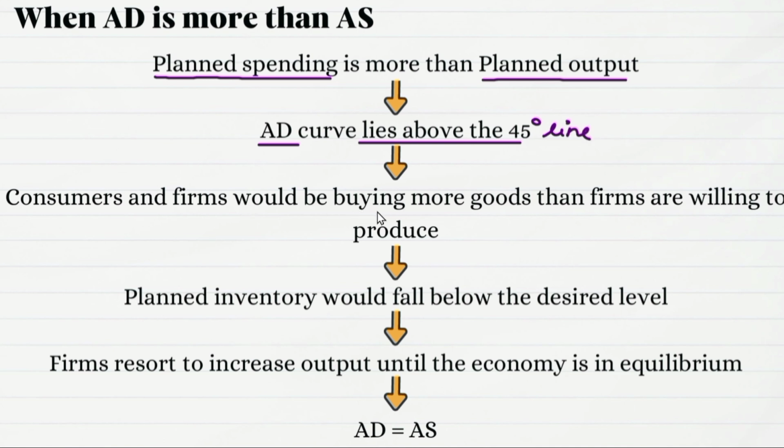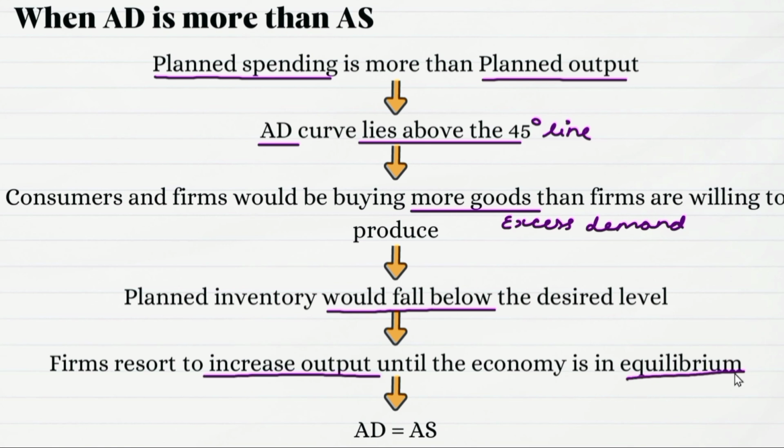It means that consumers and firms are buying more goods than firms are willing to produce. So there is a situation of excess demand. Planned inventory would fall below the desired level. Now to bring inventory back to the desired level, firms would increase output until the economy is in equilibrium and AD becomes equal to AS.